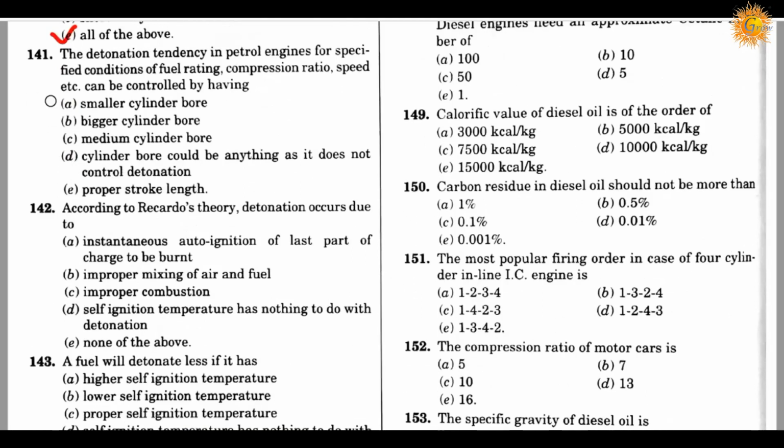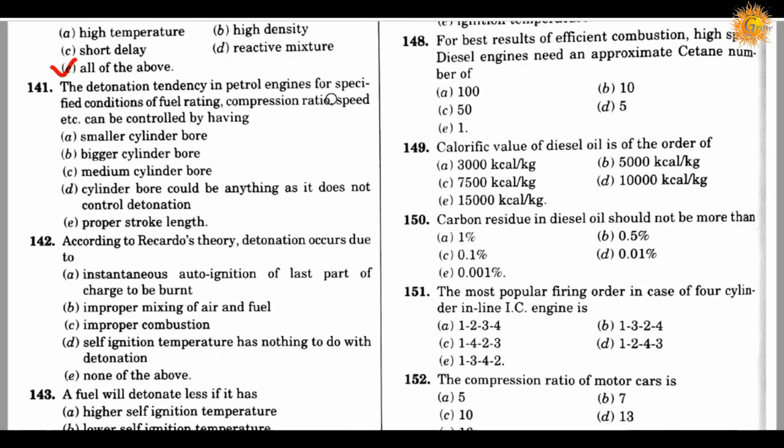Question number 141. The detonation tendency in a petrol engine for specified condition of fuel, rating, compression ratio, speed, etc. can be controlled by having: option A, smaller cylinder bore; option B, bigger cylinder bore; option C, medium cylinder bore; option D, cylinder bore could be anything as it does not control detonation; option E, proper stroke length.